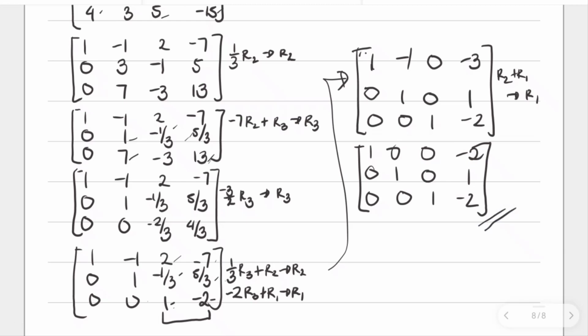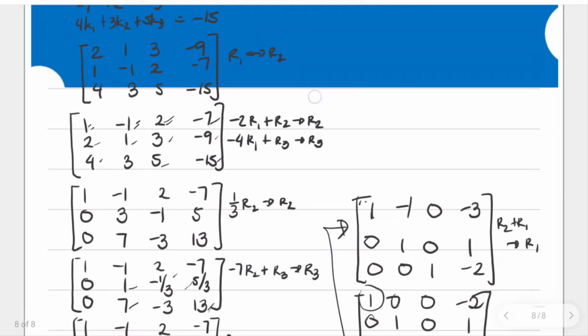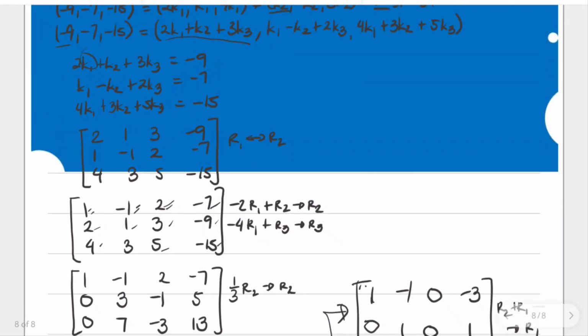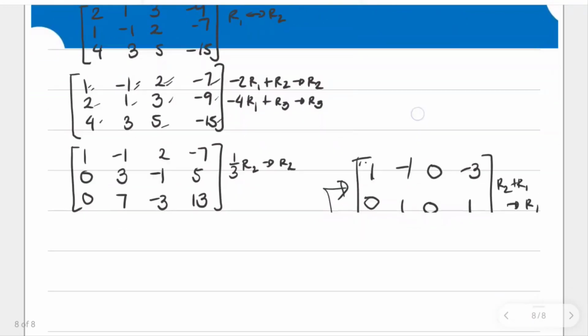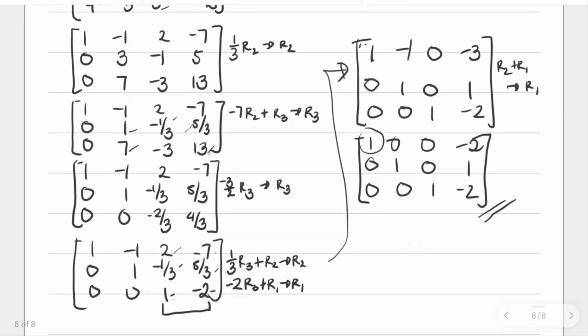This means that our first coefficient, which is earlier k sub 1, then k sub 2, k sub 3, that pattern, we can now say that k sub 1 is equal to negative 2, k sub 2 is 1, and k sub 3 is negative 2.